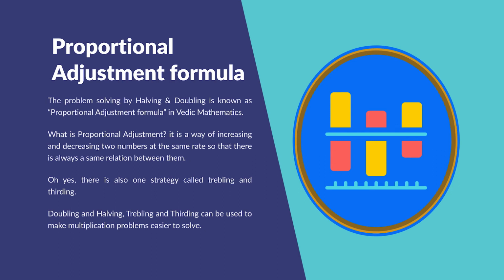It is a way of increasing and decreasing two numbers at the same rate so that there is always the same relation between them. Oh yes, there is also a strategy called trebling and thirding. Doubling and halving and trebling and thirding can be used to make multiplication problems easier to solve.